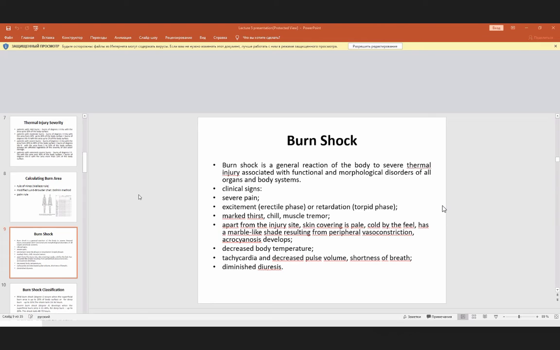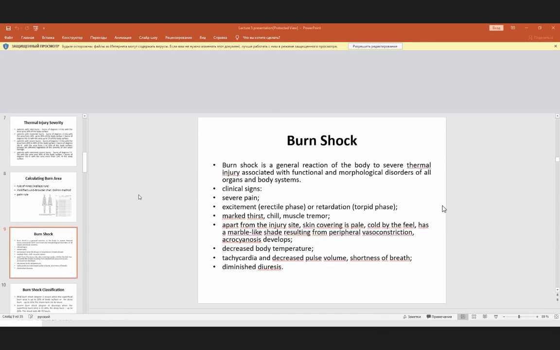Apart from the injury site, skin covering is pale, cold to the feel, has a marble-like shade resulting from peripheral vasoconstriction, and acrocyanosis develops.